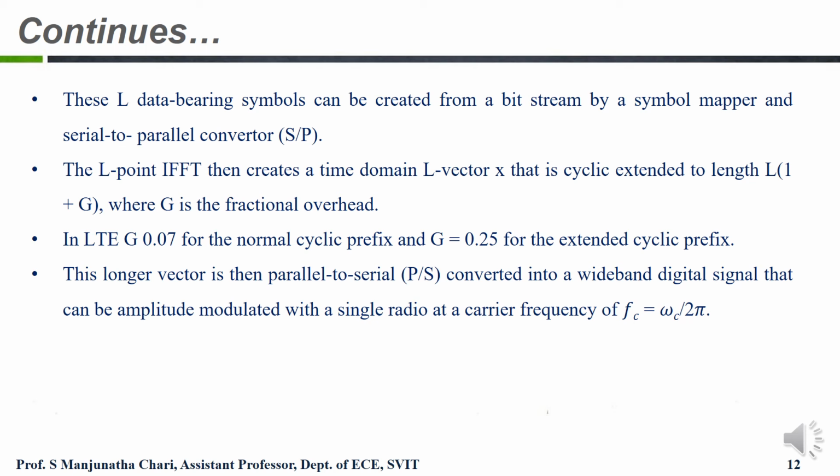Normally in LTE we use 0.07 as the normal cyclic prefix, and it can be extended up to 0.25. Then we use a parallel to serial converter into a wideband signal, so that amplitude modulation can be done with a single radio carrier, that is Fc equals Wc divided by 2 pi.